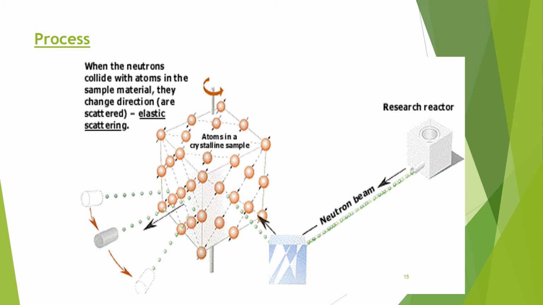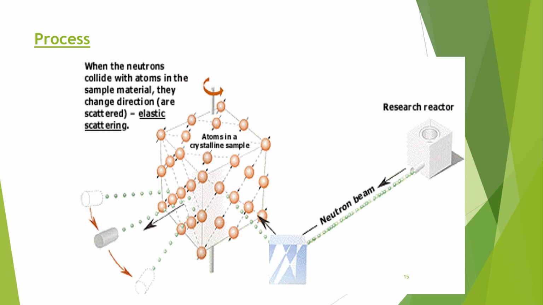The process of neutron scattering. When the neutrons collide with the atoms in the sample material, they change directions and are scattered, and this is called mostly elastic scattering.